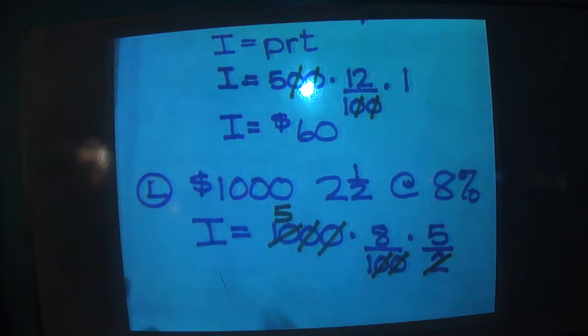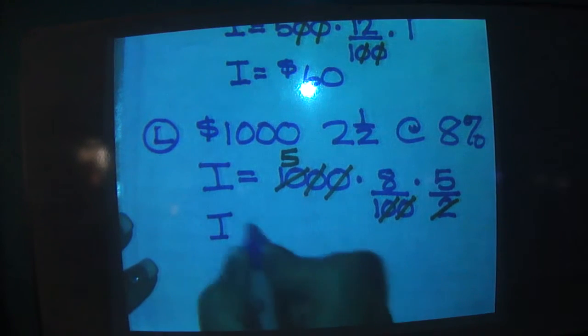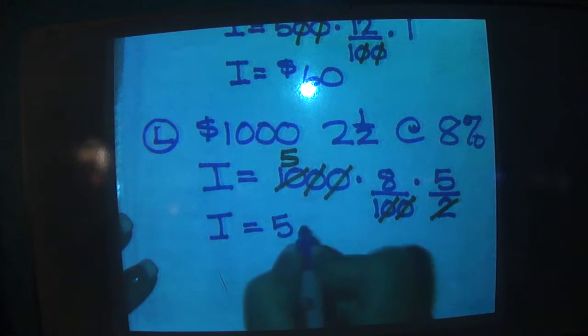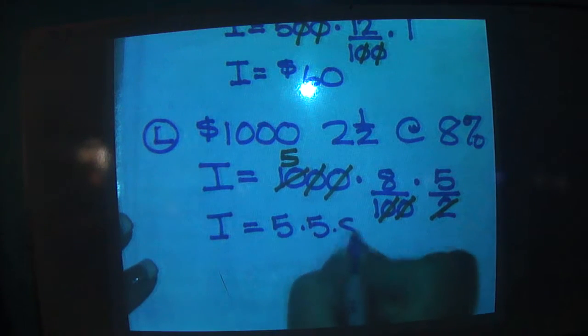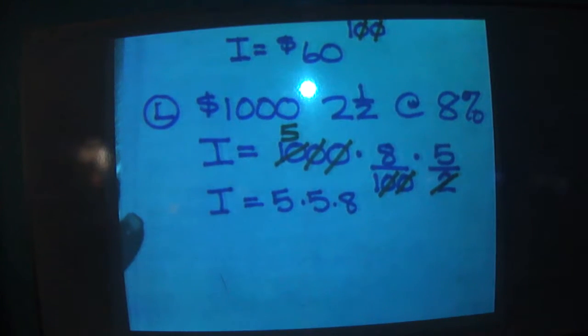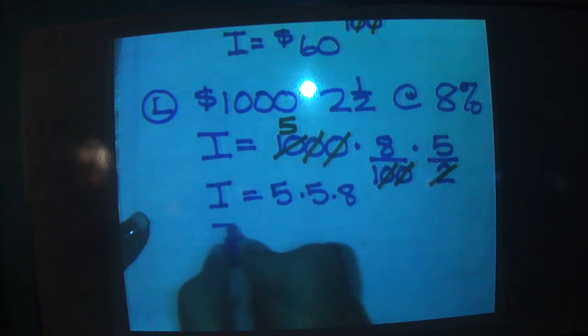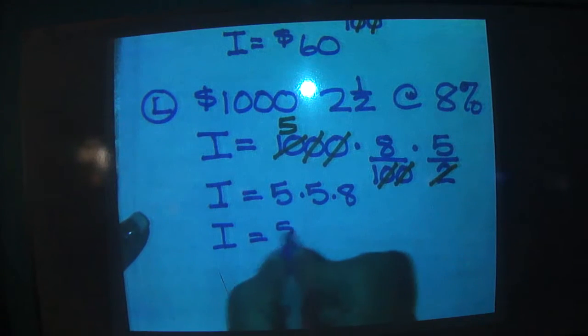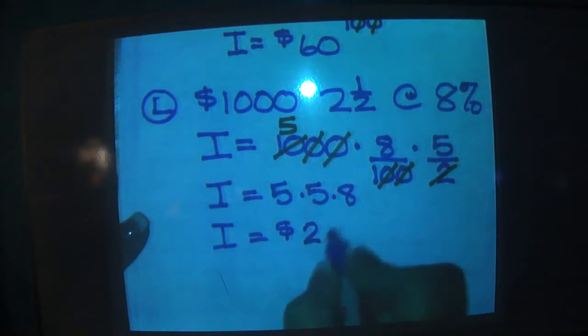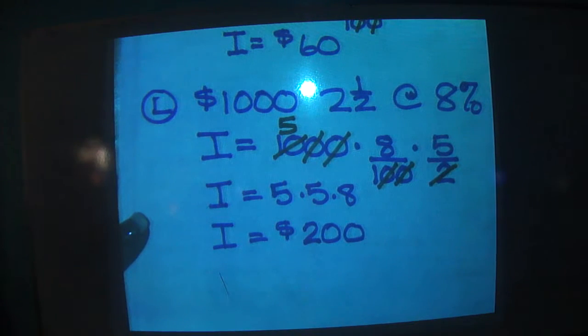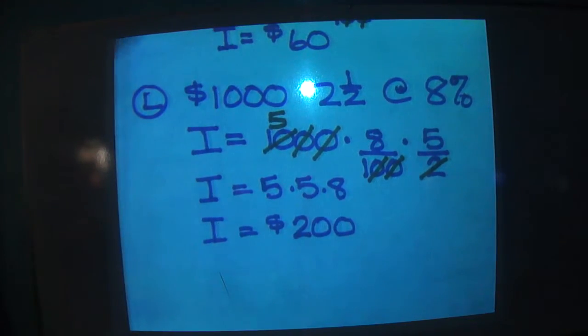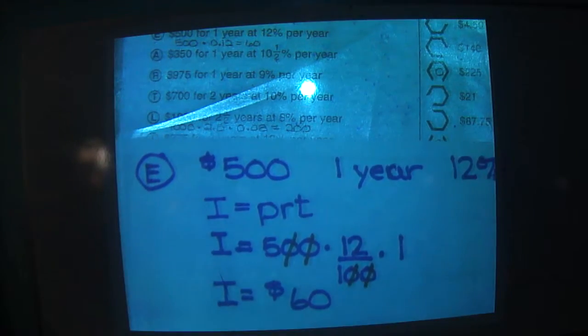So now we have interest equals 5 times 5 times 8. How much is 8 quarters? 5 times 5 is 25, right? Yeah, $2. Okay, so interest equals 200 cents, or $200, right? That's not expensive, he's paying you. Good. 8%.